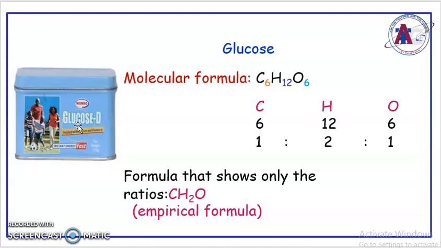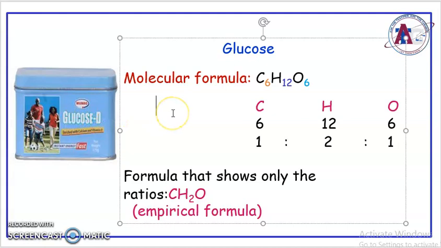Glucose, just like many other substances, is a chemical compound, right? And we are familiar with glucose. Remember last time I said that since it's a chemical compound, it has the molecular formula C6H12O6.